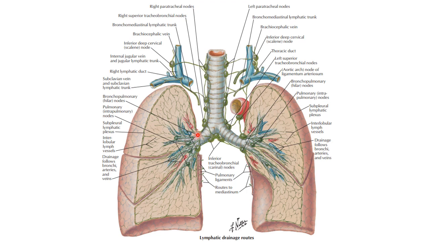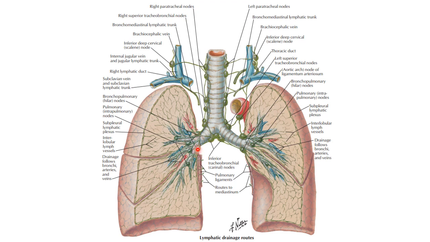So from interlobular lymph vessels, the vessels become larger and drain or encounter the first set of lymph nodes called intrapulmonary nodes. And then the fluid inside the intrapulmonary nodes will go into the bronchopulmonary nodes or the hilar nodes, meaning the lymph nodes are found in the hilum of the lung.